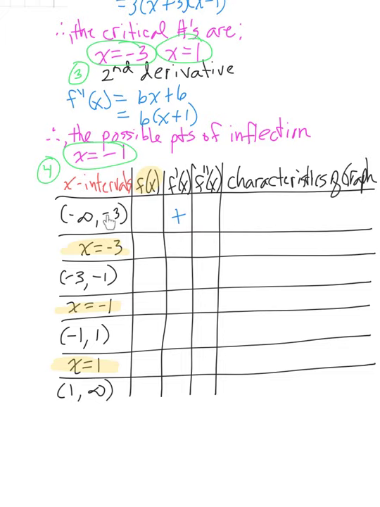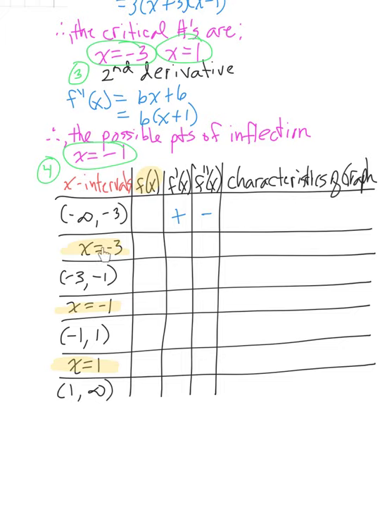You could substitute in an infinite number of values so long as it's somewhere in this interval. But you can't choose your endpoints, right? You have to be in between. So whatever you choose in here, when you plug into the first derivative function, you should get a positive value. Then if you plug it into the second derivative function, you should get a negative value. We'll talk about how to identify the characteristics here in a minute.